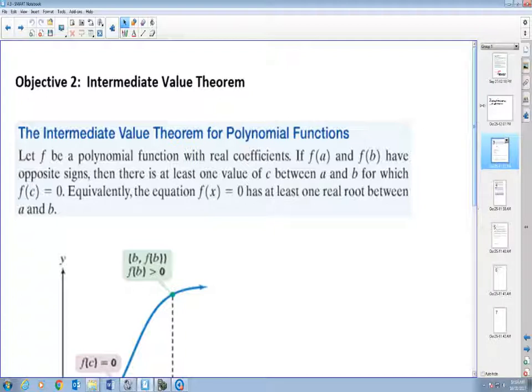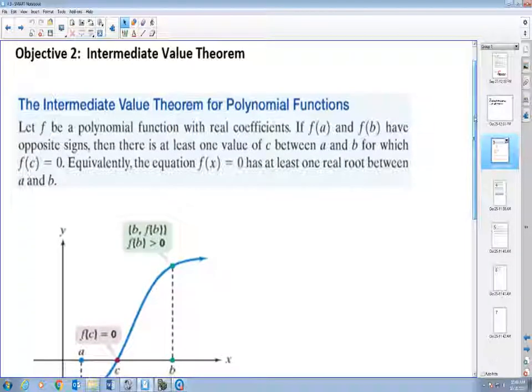What the intermediate value theorem for the polynomial function says is, if f is a polynomial function with real coefficients, and a and b are two different x values, I plug each x value into my function, and the entire f of a represents a y value.